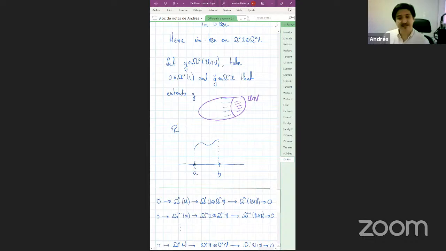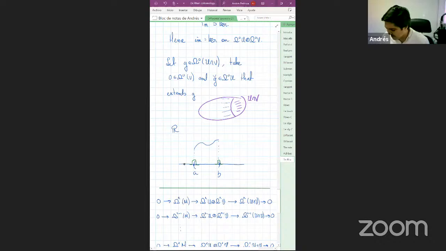So let's say, maybe you can talk about a bump function, right? So you have a bump function here and here.